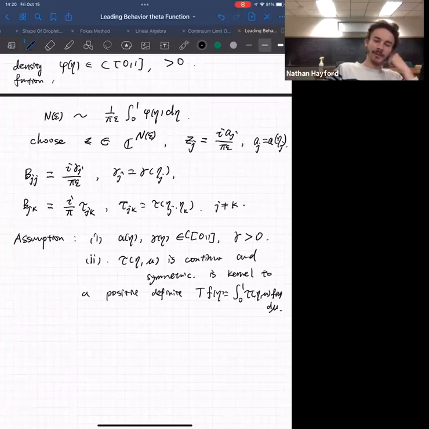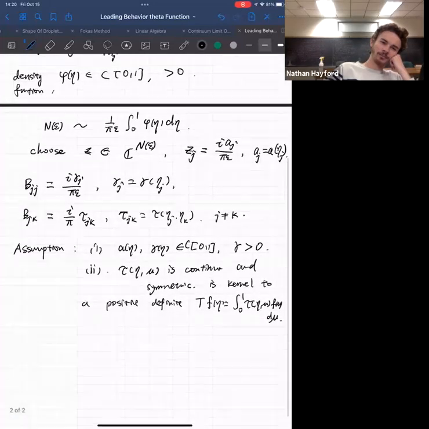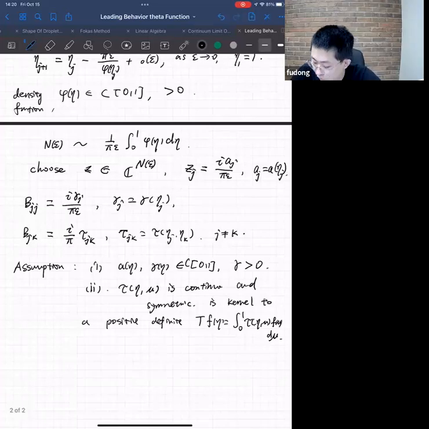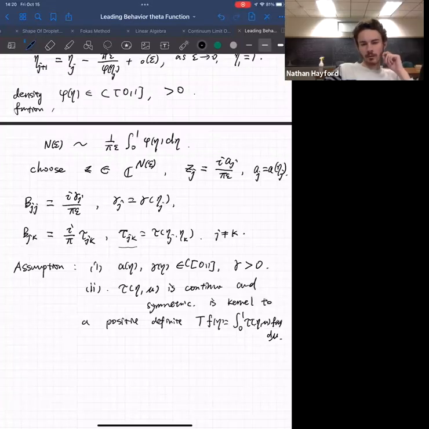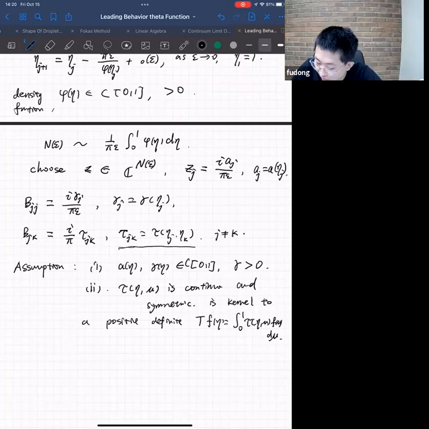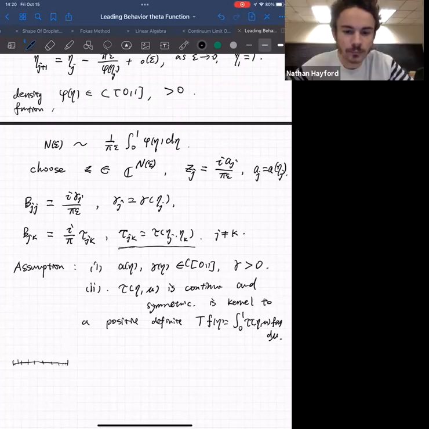I don't understand. What do you mean that the matrix is the kernel? Tau is a function. The matrix is tau jk. Tau jk takes values at the grid. So you have the interval, and you have a lot of lattice points.